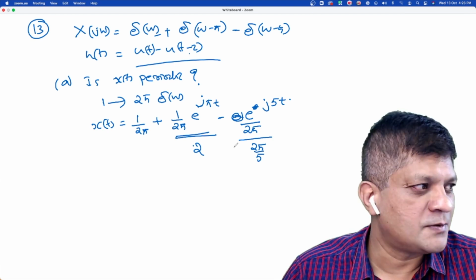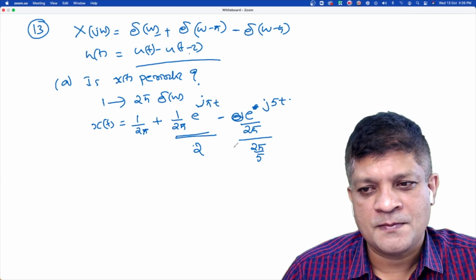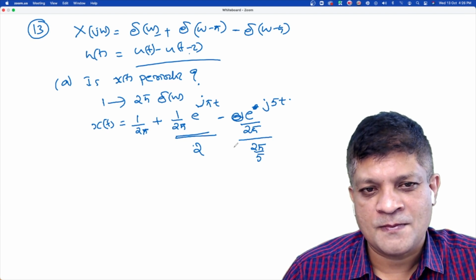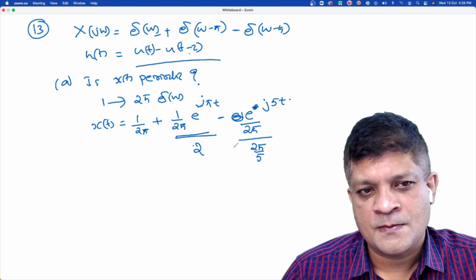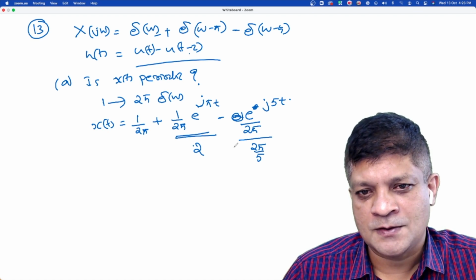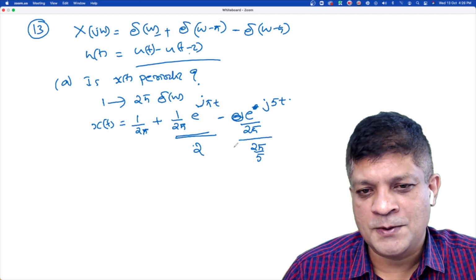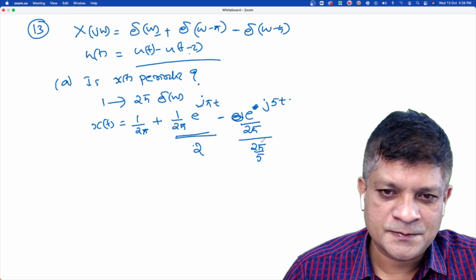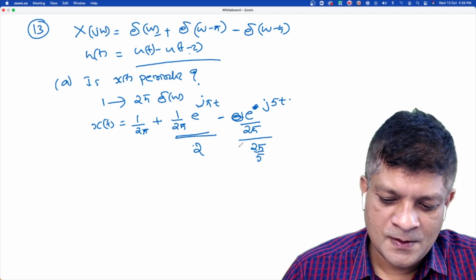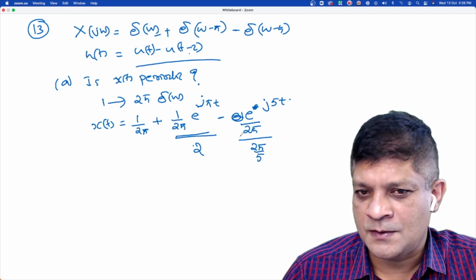What is the condition for periodicity? m T1 is equal to n T2, where m and n are integers. So it is not a rational multiple. So this is not a periodic signal, this is an aperiodic signal.